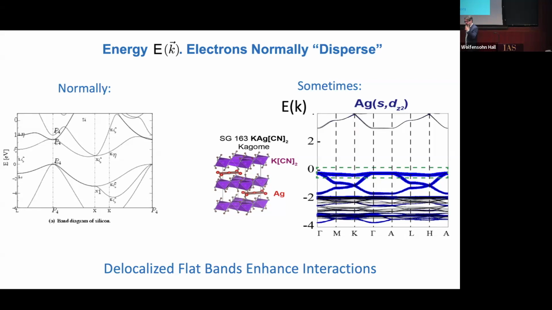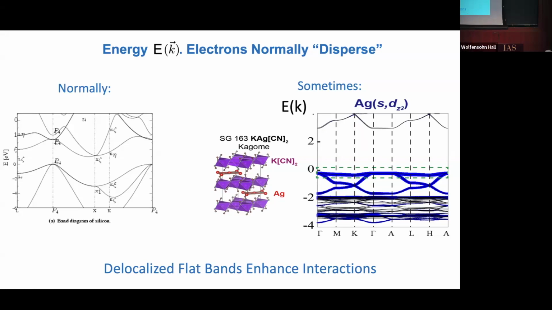And this is through quantum interference effects. It's a purely quantum effect of wave functions canceling each other on different sites so that they give you zero dispersion. These are the most interesting type of flat bands because they don't correspond to effective mass being infinity in the sense of not being localized.